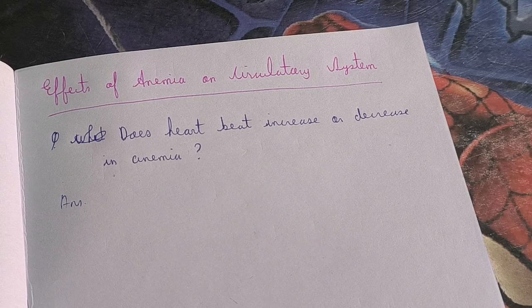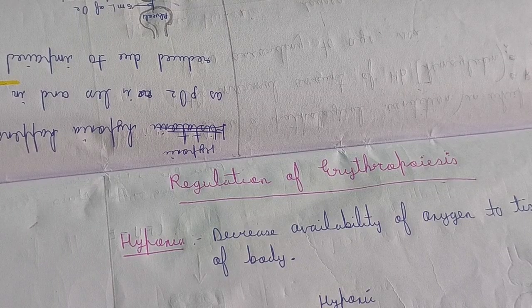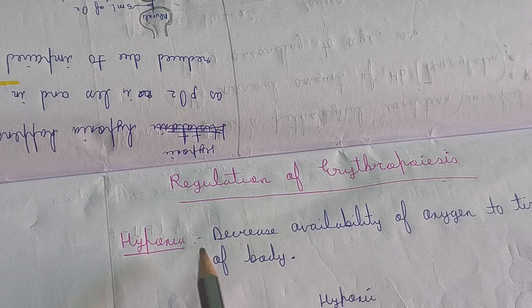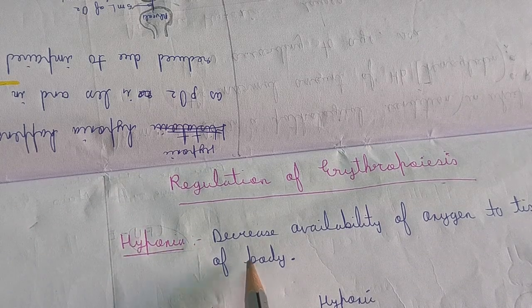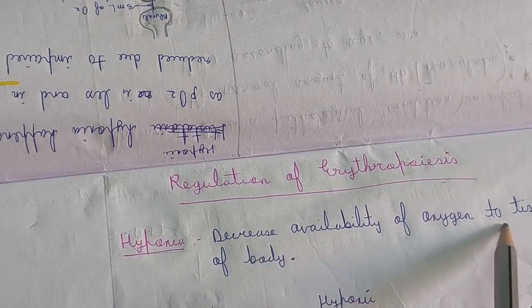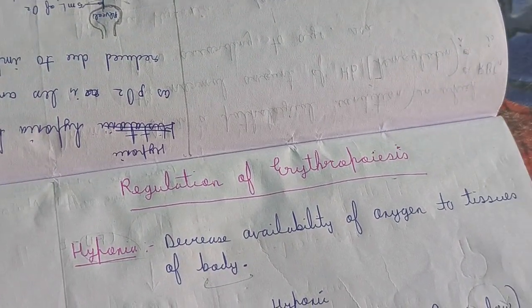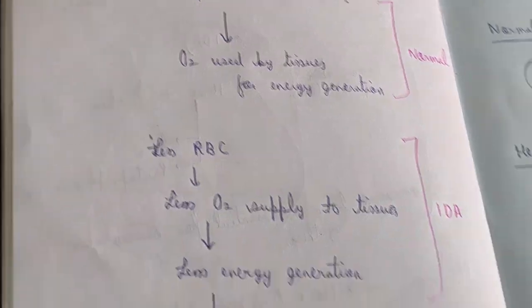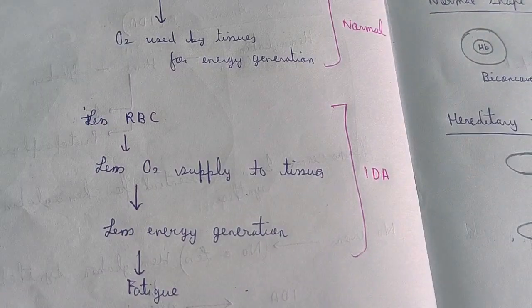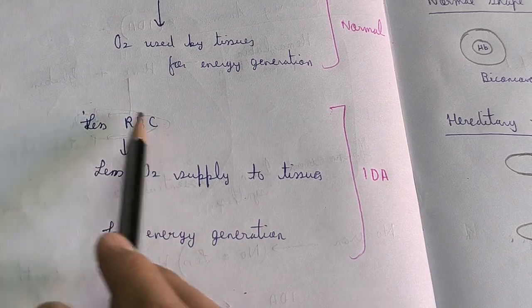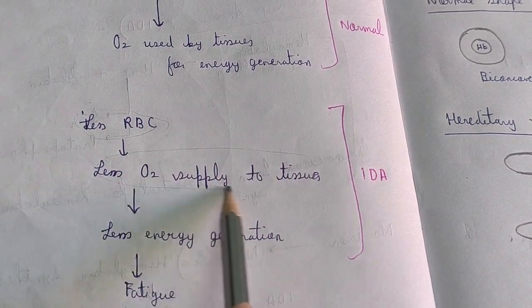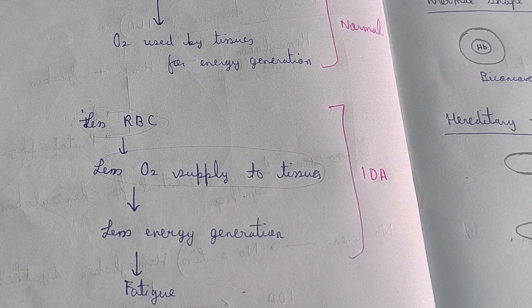Okay, now before the answer, I want to tell you that in the regulation of erythropoiesis I mentioned hypoxia. What is hypoxia? Decreased availability of oxygen to tissues of the body. I think you remember this. In any anemia, due to less RBC synthesis and less oxygen supply to tissues, there is less energy generation.